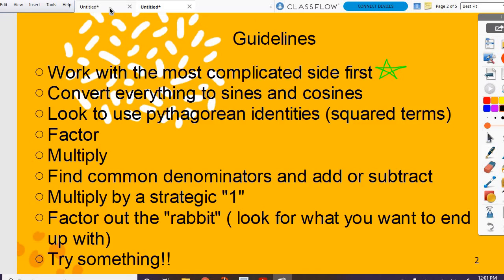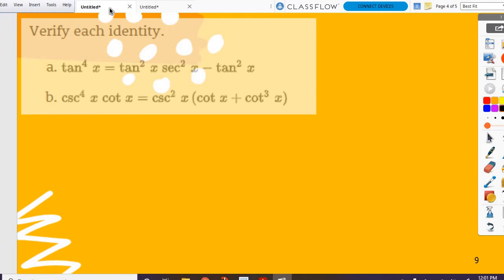And what we mean by that is when we have something that has multiple terms, so like on this first one, notice that on the left-hand side I just have one term. On the right-hand side I have multiple terms. And what we mean by pulling the rabbit out or factoring the rabbit out is saying, okay, looking at my left side, I only end up with tangents.